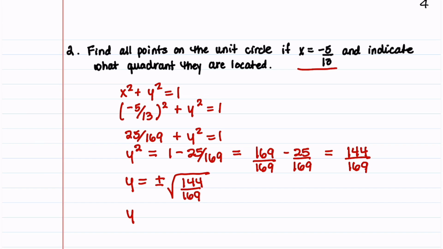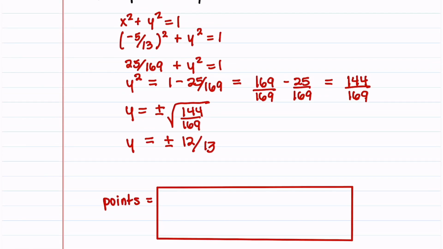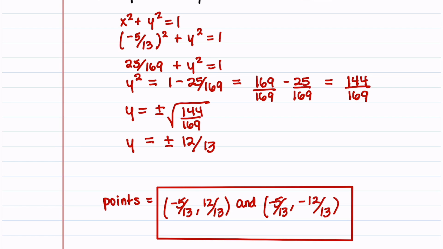So y is plus or minus 12 over 13. Our x value is minus 5 over 13, so the points are (minus 5 over 13, 12 over 13) and (minus 5 over 13, minus 12 over 13), where this time our y value is negative.